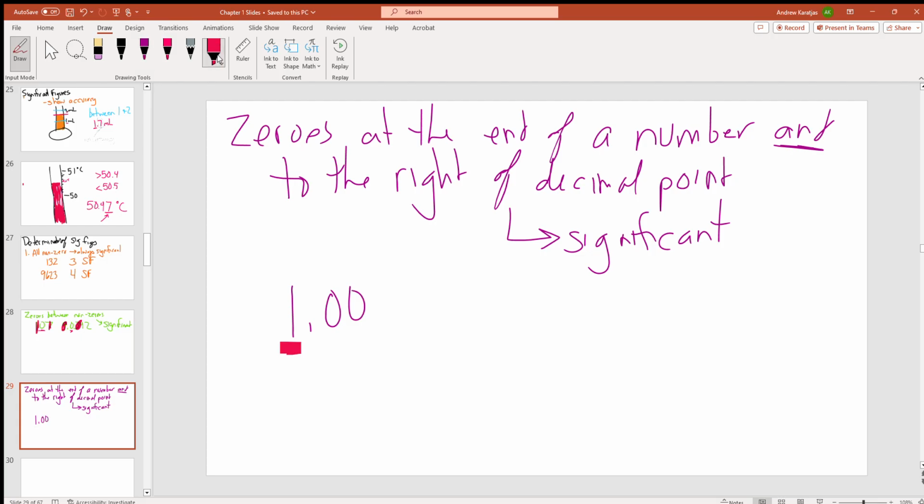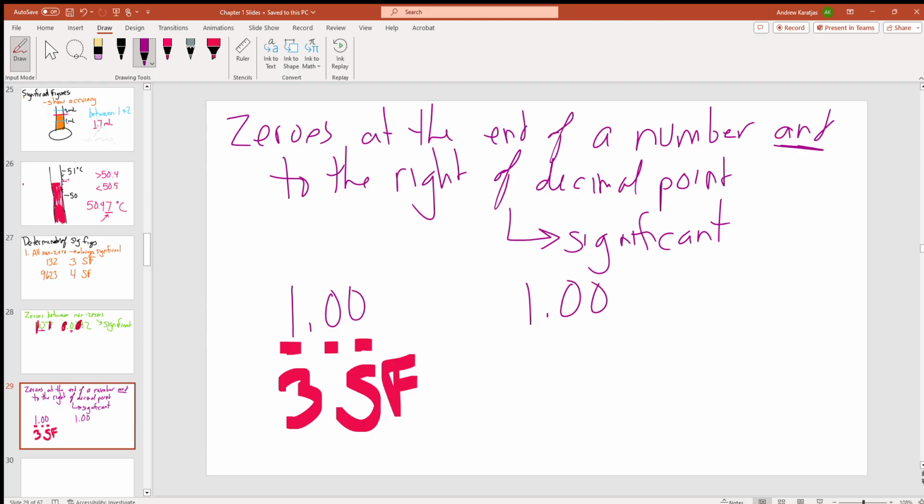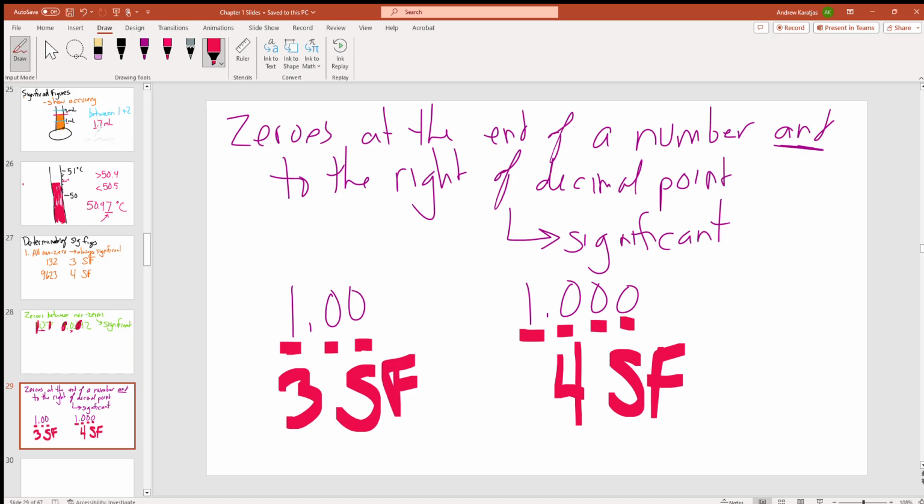We know the 1 is significant because it's not a 0, but these two zeros are also significant because they're at the end of the number and to the right of a decimal point. So that number is 3 sig figs. And that means that that number 1.00 is different from 1.000. This number is a more accurate measurement because it's been measured to 4 significant figures.